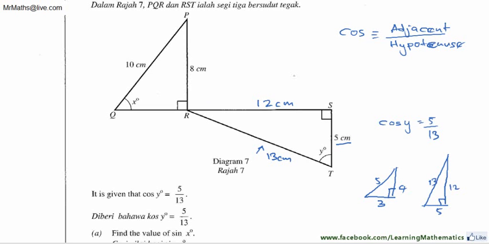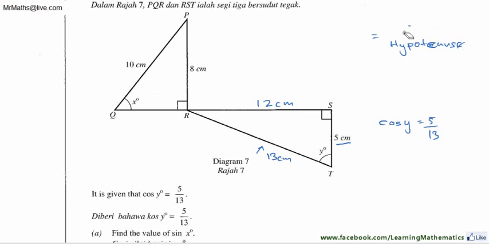I'm going to delete some of the things I wrote here so that I create some space for myself. I just delete this one as well. This is just my notes. So we want to find sin x. That's the first question, nothing to do with the second triangle.